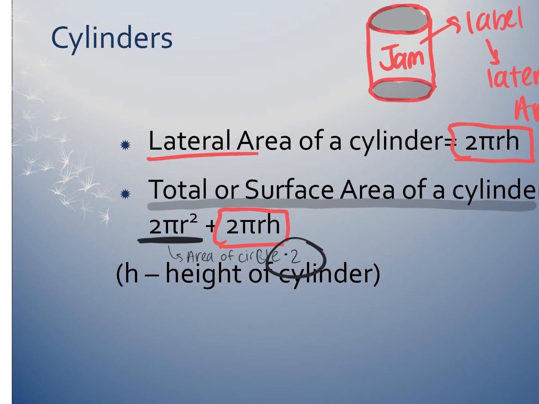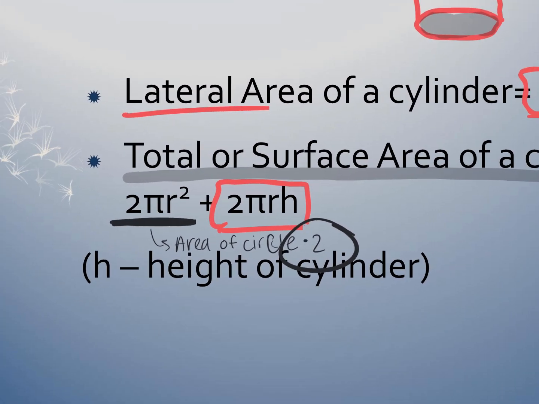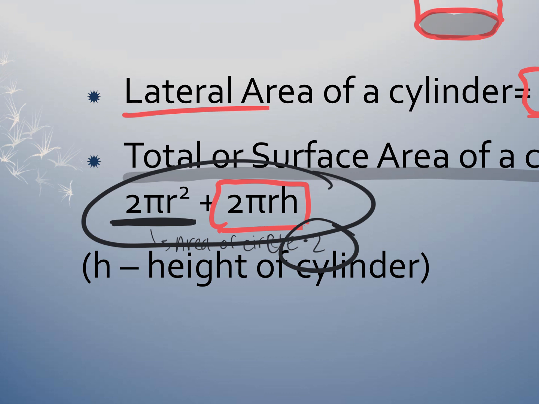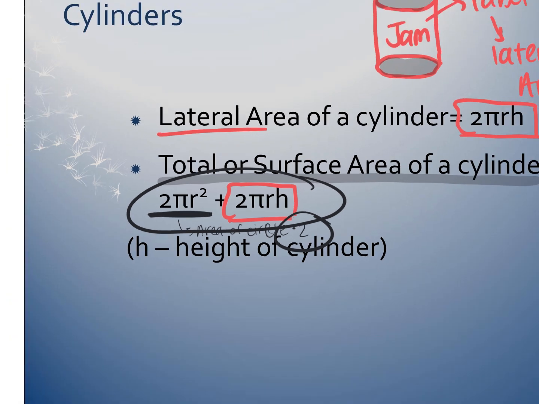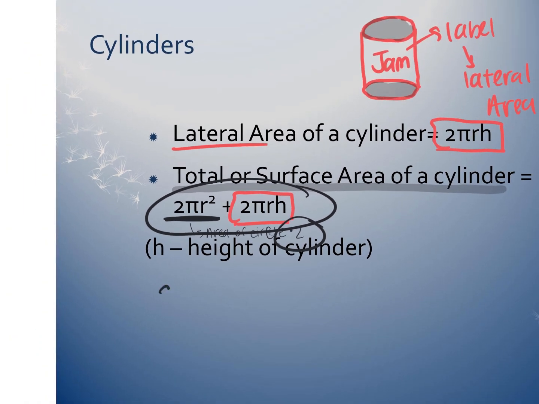Okay, so your total surface area for a cylinder is pi r squared times 2, so 2 pi r squared, plus the lateral area, which was 2 pi rh. And you will see me write it as 2 times the area of the base, capital B, plus your lateral area. And this is surface area, SA. You'll see me use this formula.